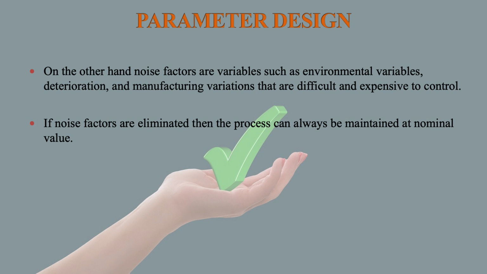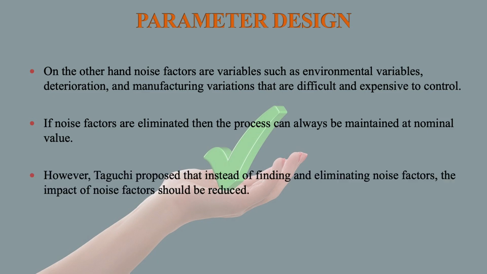If noise factors are eliminated, then the process can always be maintained at nominal value. However, Taguchi proposed that instead of finding and eliminating noise factors, the impact of noise factors should be reduced. So this is Taguchi's parameter design function.